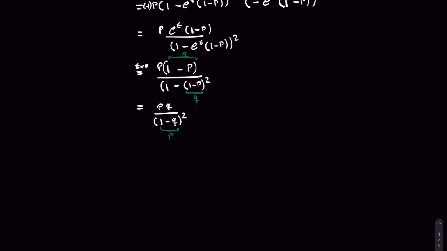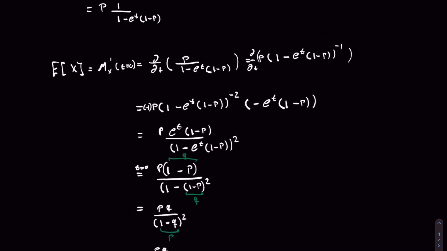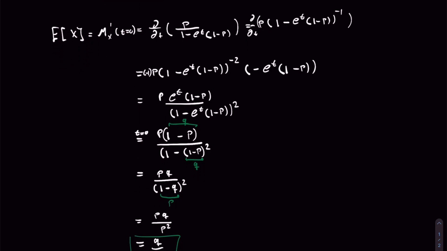Just taking the complement, we get p q over p squared, and that is q over p, which is exactly what we wanted to show. So now we've done the expectation over X using the MGF instead, which was slightly a little extra work, but it's nice to see that it actually adds up in the way that we expect.